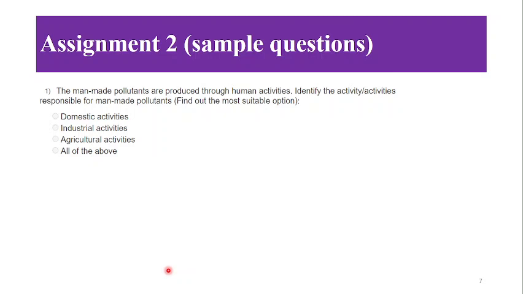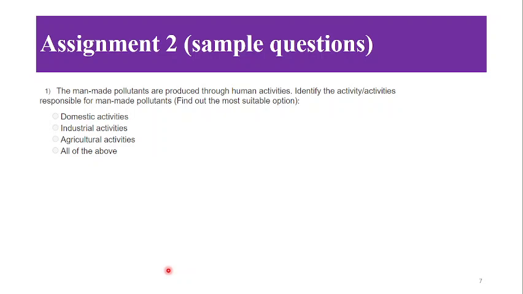So first question is, man-made pollutants are produced through human activities. Identify the activities responsible for man-made pollutants. As we can see, man-made pollutants can be of domestic type, industrial type, as well as agricultural type. Domestic can be sewage, organic waste, or dry waste.